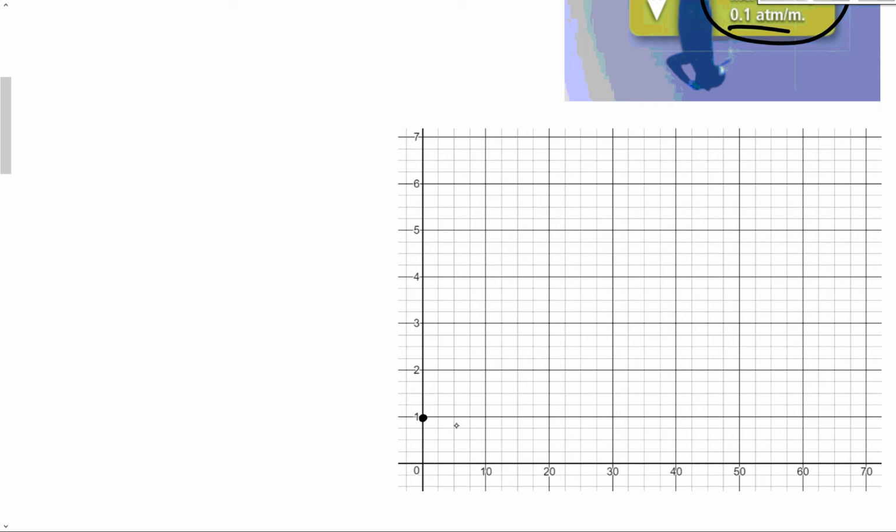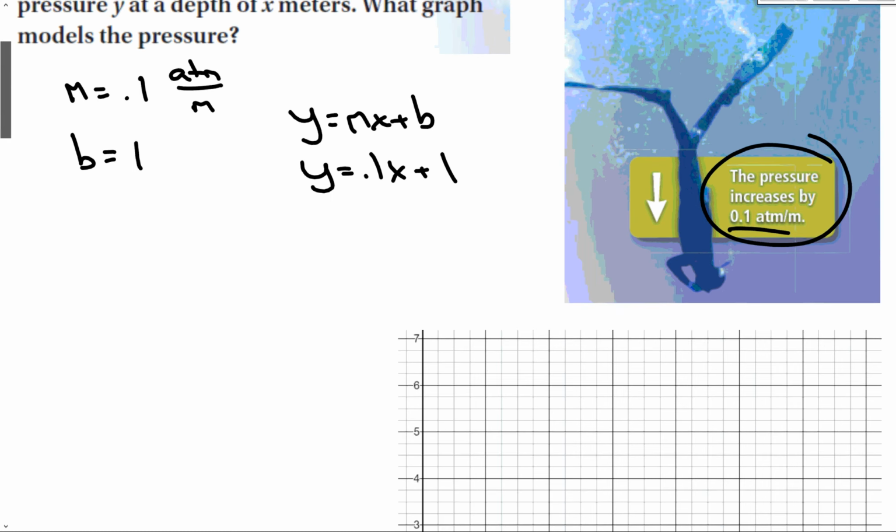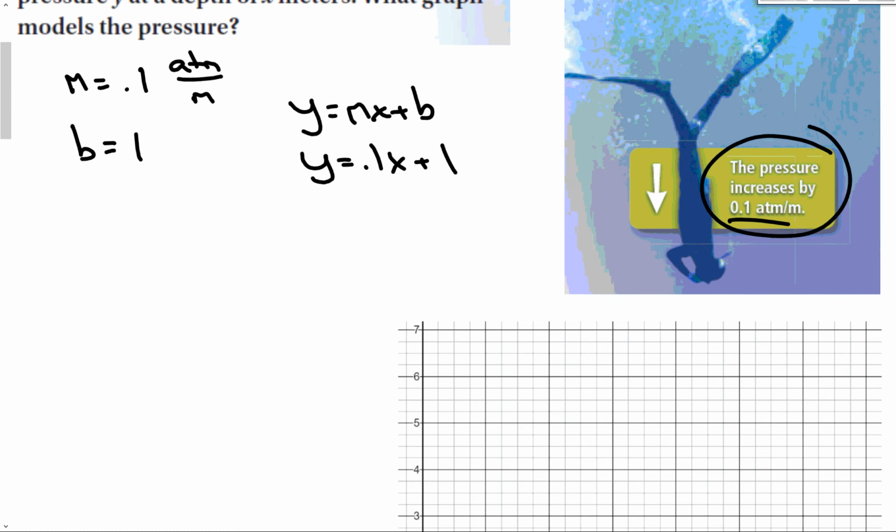But if I go right 10, that's up 1, because 0.1 is 1/10. So if I go up 1, right 10, that would be right 1, up 0.1. Remember, slope is always rise over run.